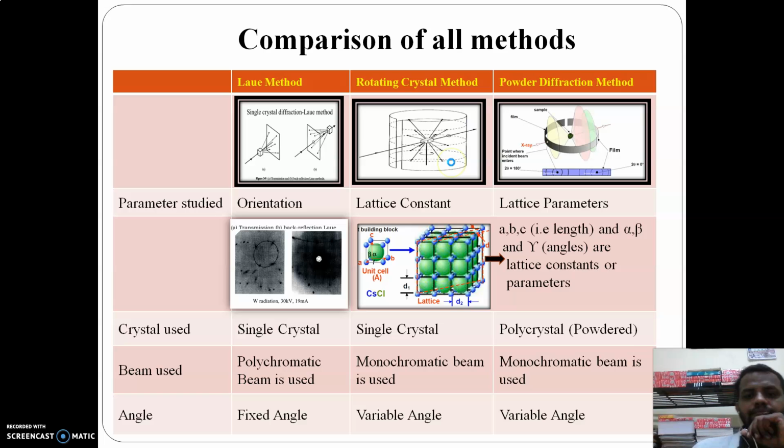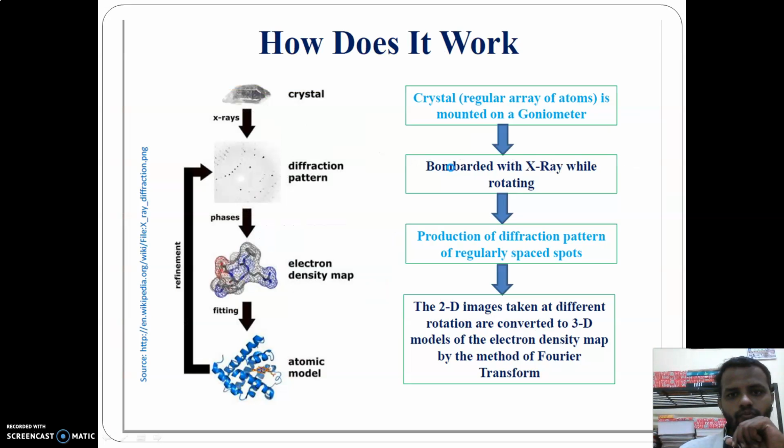Moving to the next part, how does it work? In all the three methods we had a crystal. That was the bottom line. And in this crystal, we have a regular array of atoms.